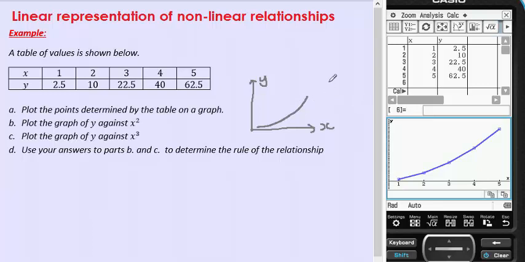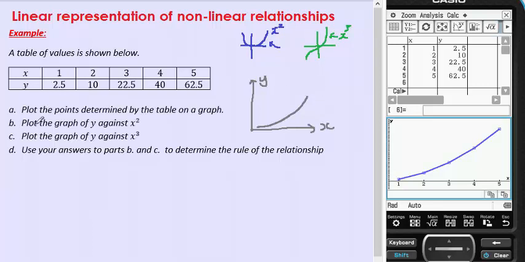Now, the problem is, if I start considering which of my possible relationships this is, I remember my parabola looks like that, and this bit here is similar. So that could be x squared. But a cubic also looks like that, and this bit here is similar.